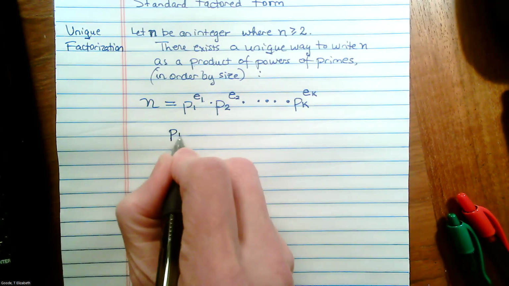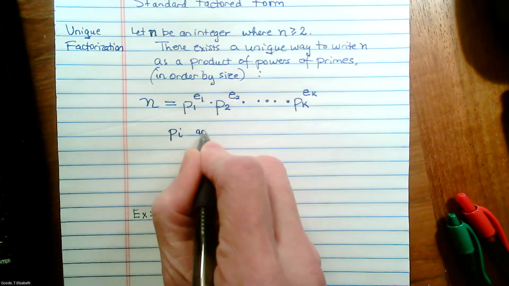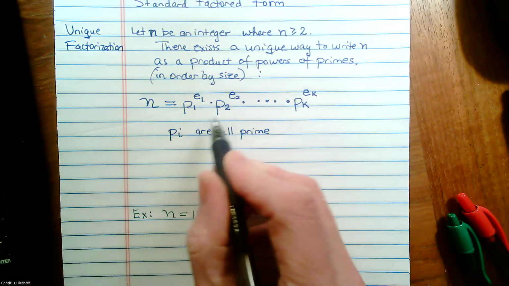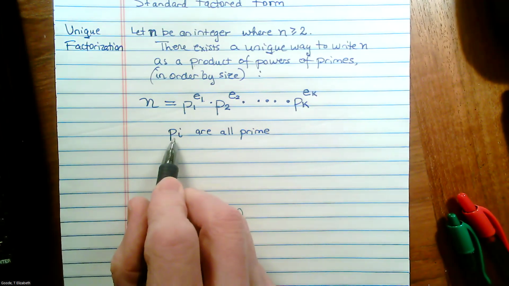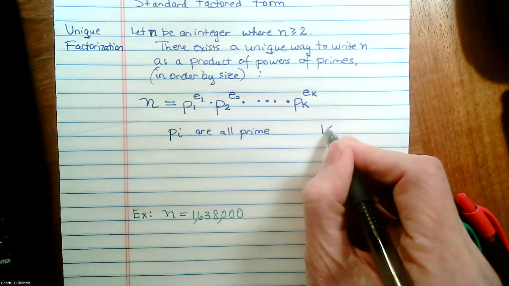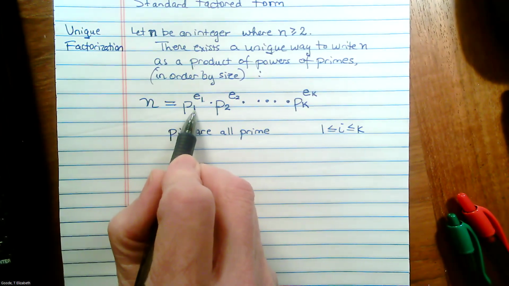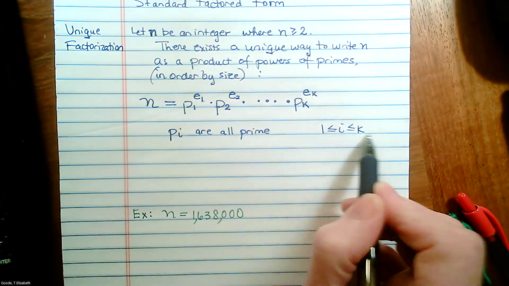So the P sub i are all prime. Instead of saying P1, P2, dot dot dot, Pk, I'm just saying P sub i, and that's for i ranging from 1, the first i, all the way up to k. Okay, so that's the way we say that.